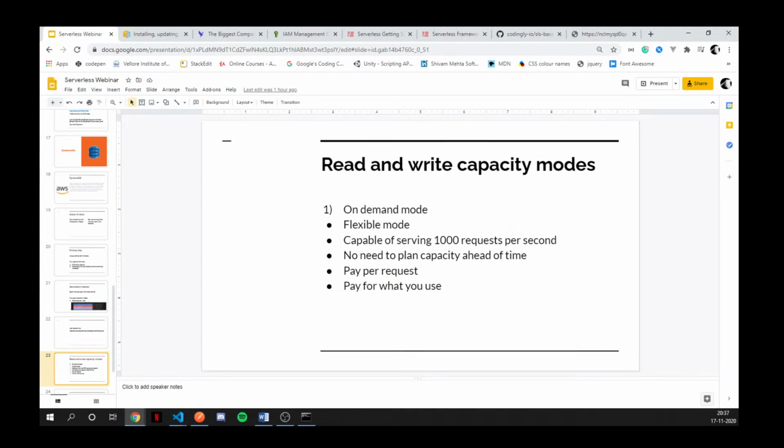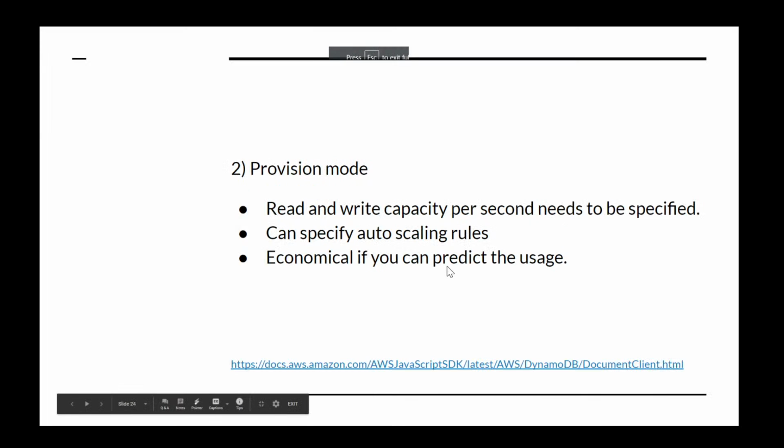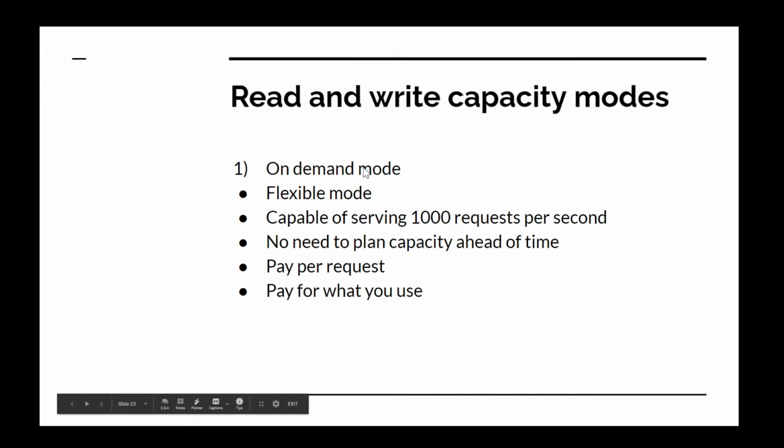Now, the thing is, DynamoDB offers two modes of provisioning: on-demand mode and provisioned mode. On-demand mode is what we are using as pay per request, right? It's a flexible mode capable of serving 1,000 requests per second, and you use your DB as per request.